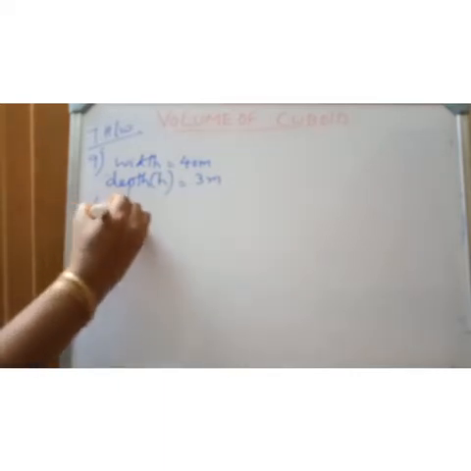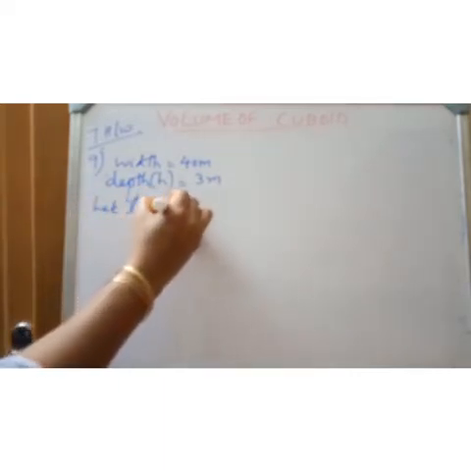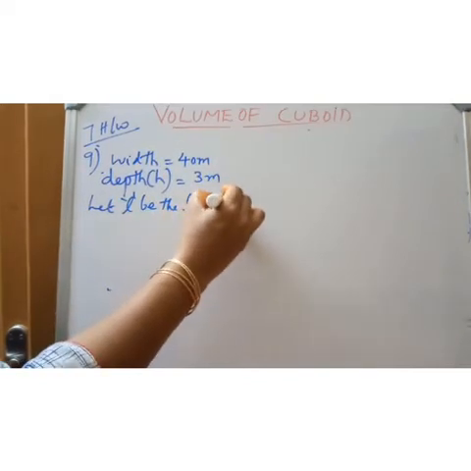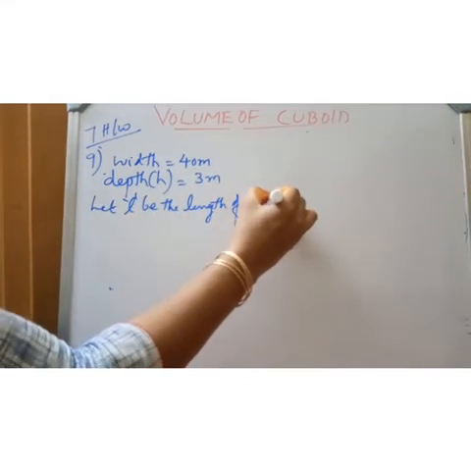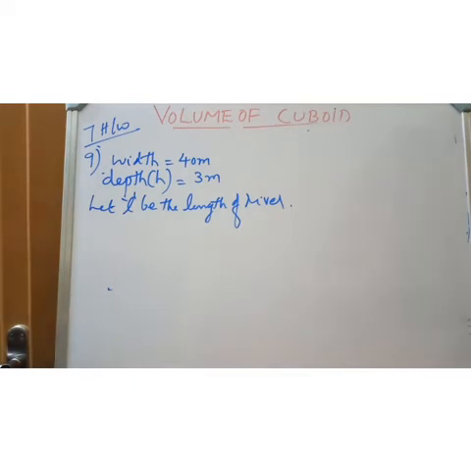Let L be the length of river. Then length of river is here the length of cuboid.